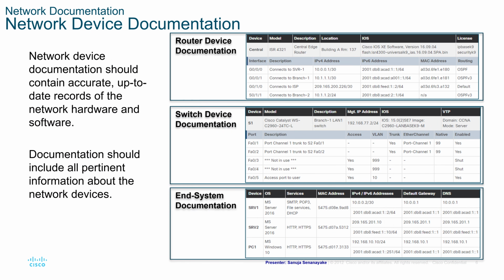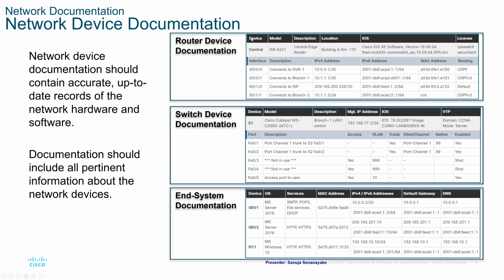Network device documentation. Network device documentation should contain accurate, up-to-date records of the network hardware and software, as I mentioned before. The documentation should include all related information about the network devices. So it should include the network device documentation, switch device documentation, end system documentation, etc., in this example.